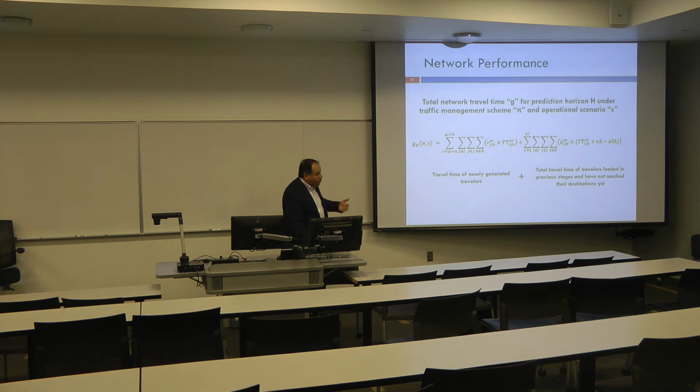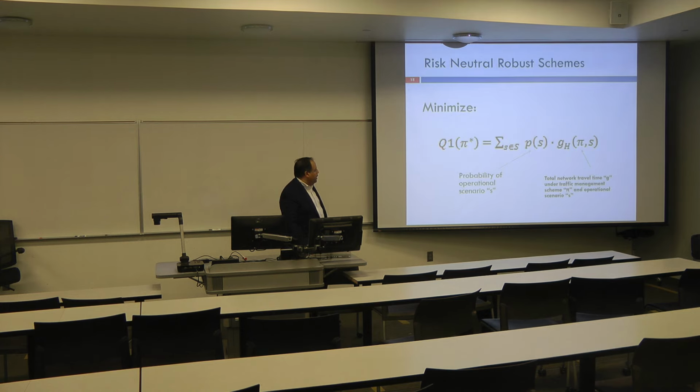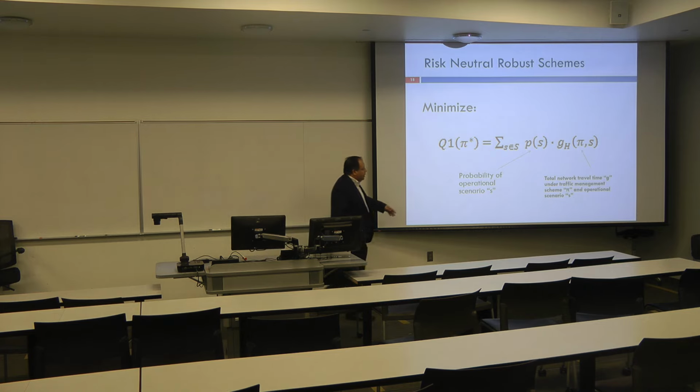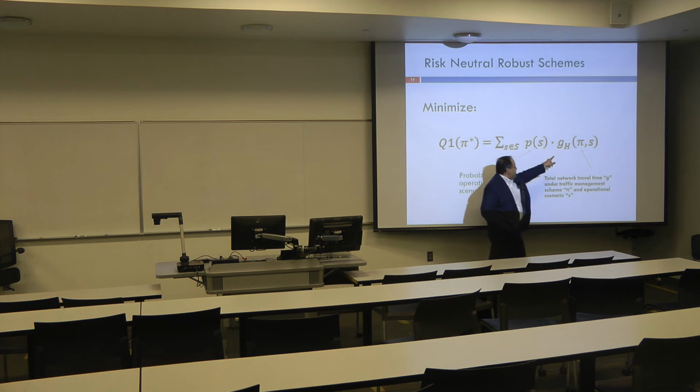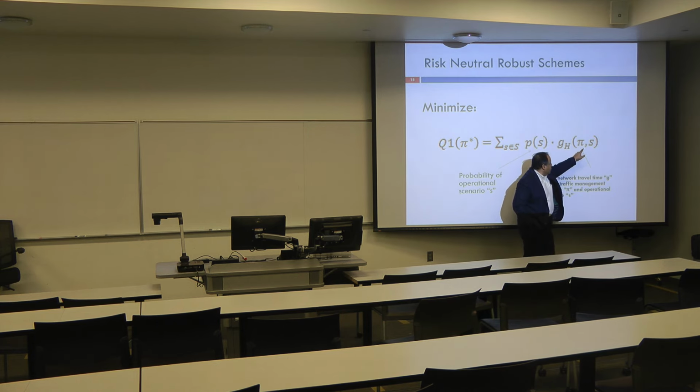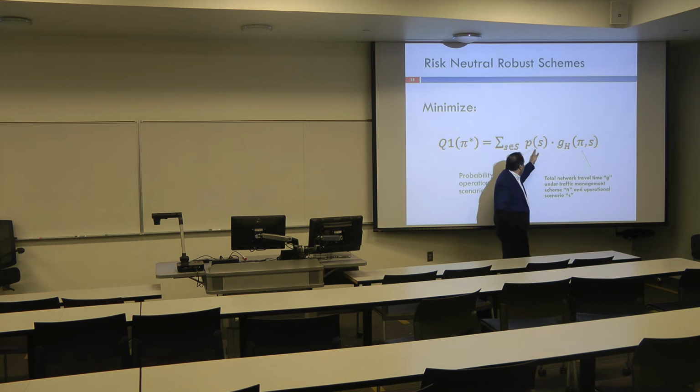So if I'm trying to go robust now, I might go with something like that. Make this my objective function here. Which is what? If I have a certain scheme and a certain operation scenario S, this is my performance here, but now I look at the probability that this operation scenario will happen, and I get the expected value.